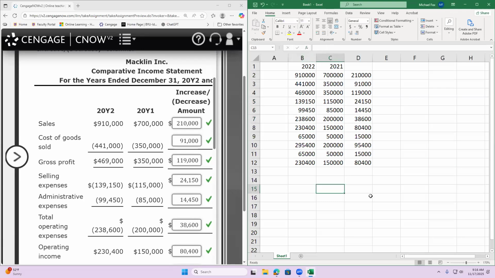All right. So now that we have the difference here, to find the percentage, all we do is we take the amount of the difference divided by the amount of the older year, right? That tells us how much it changes as a percentage of the older year.